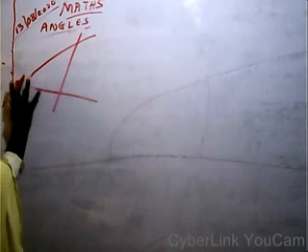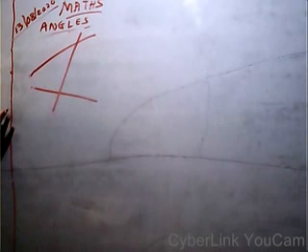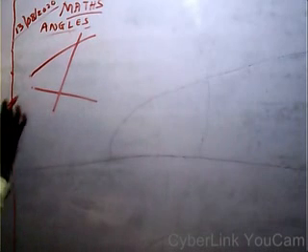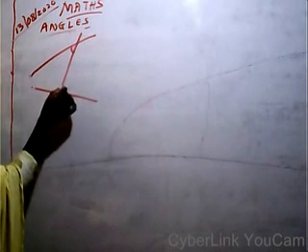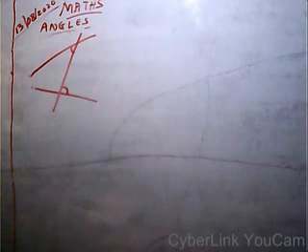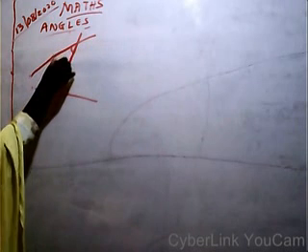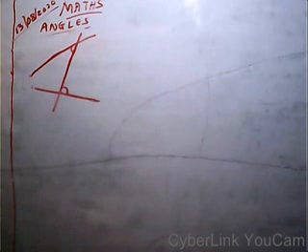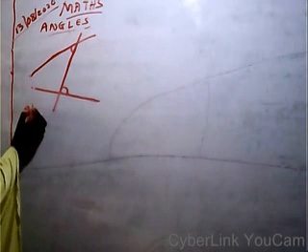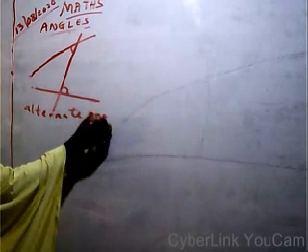But an alternate angle can be formed. How? This angle is equal to this angle. My letter Z was formed, and this is it. That is my what? Alternate angle.